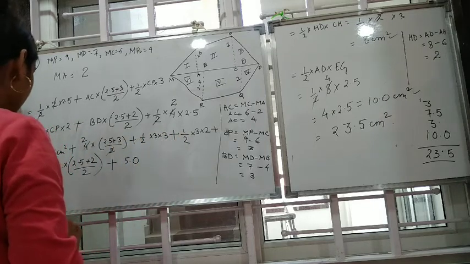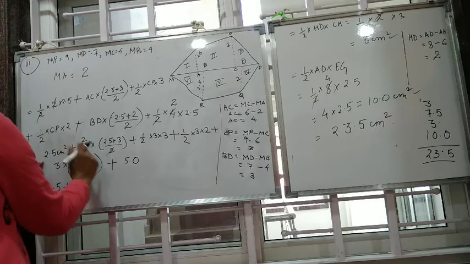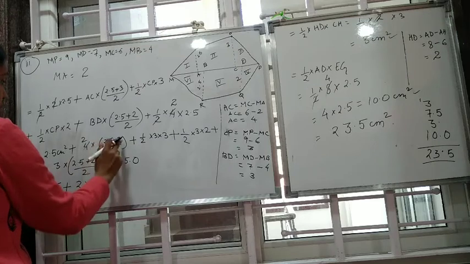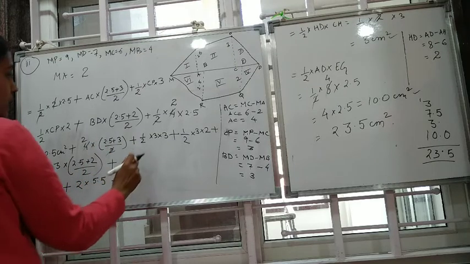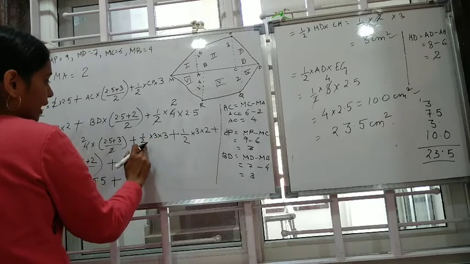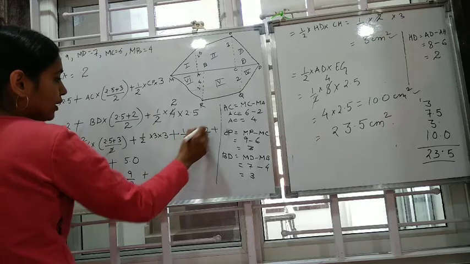Now we solve. So this is 2.5, let it be 2.5 only. This becomes 2 into 5.5, plus this becomes 3 3s are 9, 9 divided by 2. This 2 and 2 get cancelled.